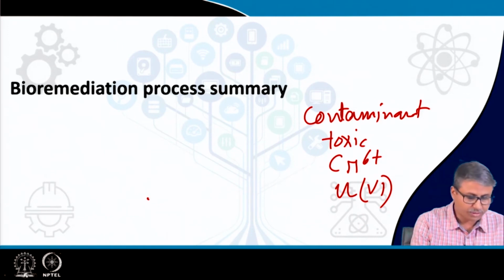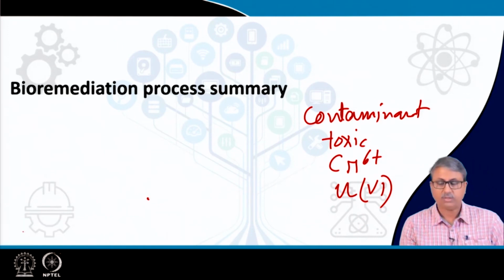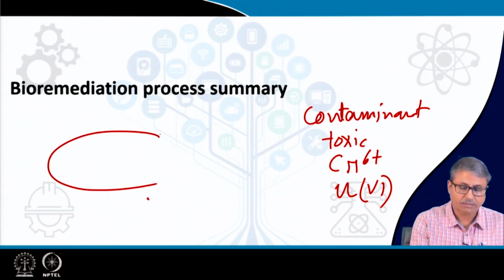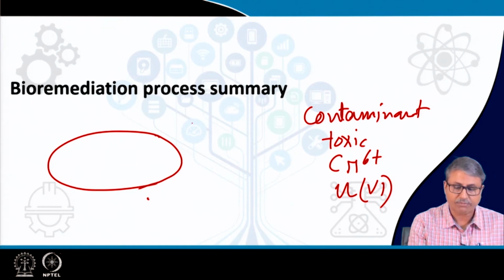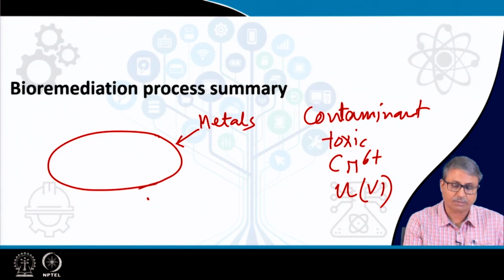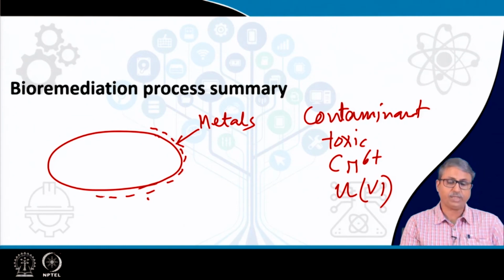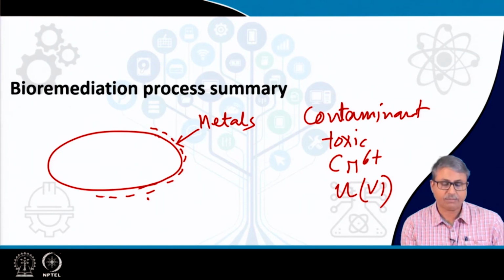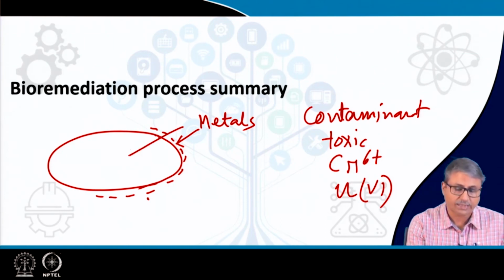If we keep our focus on the toxic metals and radionuclides like uranium, we can identify that these metals interact with microbes because the microbes have a negatively charged surface because of the cell wall and cell membrane components and some divalent cations etcetera, where they are being sorbed or accumulated inside the cells.